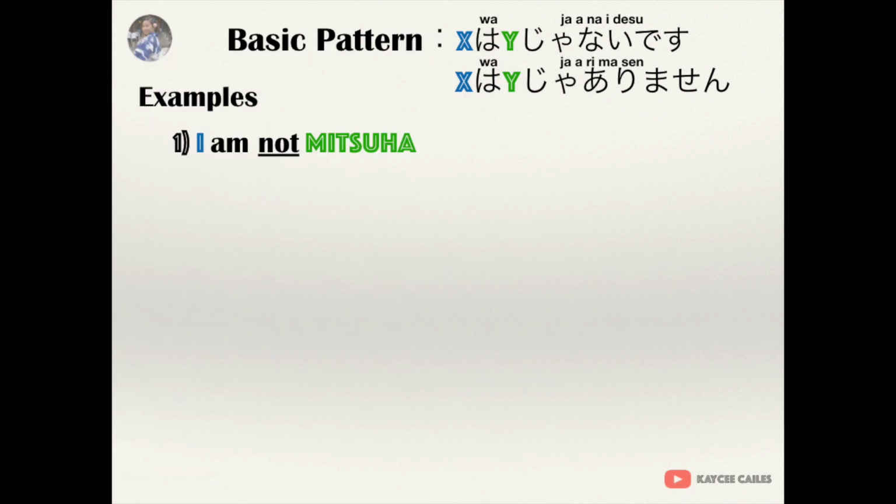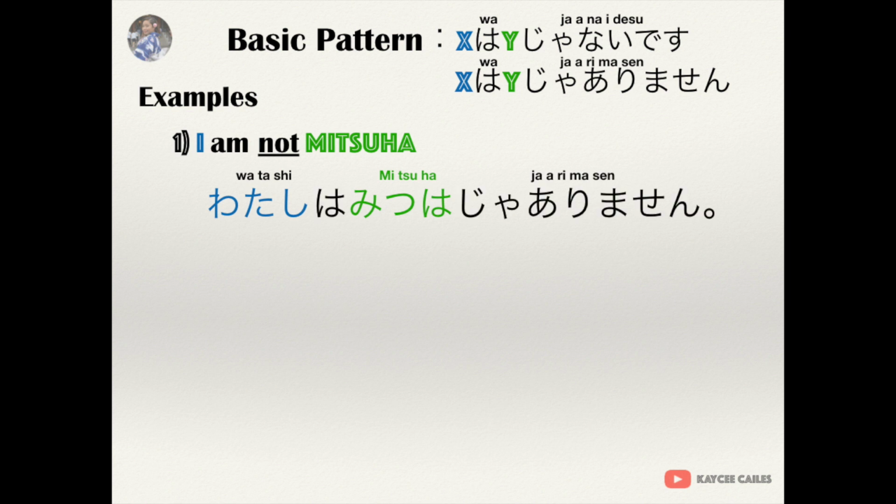First, I am not Mitsuha. I is our topic, which in Japanese is watashi, and Mitsuha is our comment. To complete the sentence, watashi wa Mitsuha ja arimasen or watashi wa Mitsuha janai desu. I am not Mitsuha.